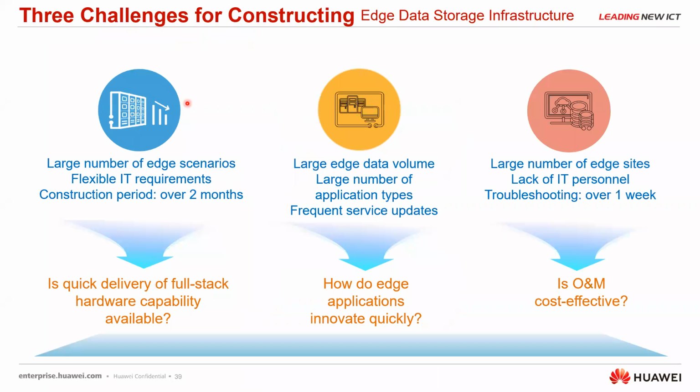To address this, you can see Huawei has addressed all these 3 or 4 queries, having how to solve the delivery, the full stack delivery, and how the edge level deployment, and how the O&M is cost effective. Because we are not asking for a skilled O&M person on site, it can be remotely managed and monitored, so your skills cost can be saved here as an O&M, and the efficiency can be improved.